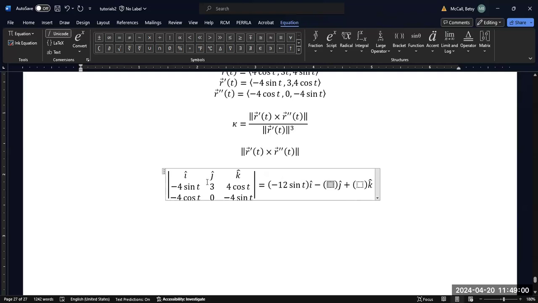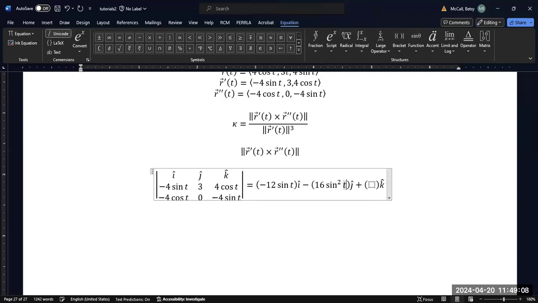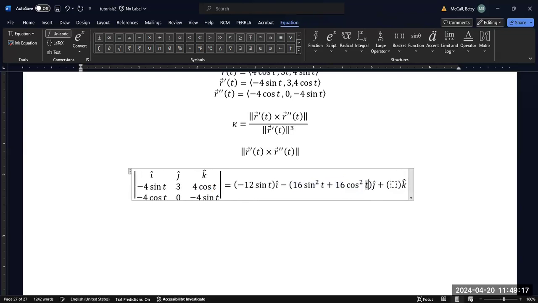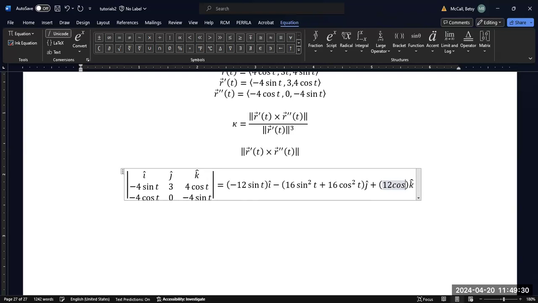And then in the j component, I'm going to get, it looks like, 16 sine squared t minus a minus will give me a plus 16 cosine squared t. And then in the k component, I'm going to get 0 minus a minus 12 cosine t.